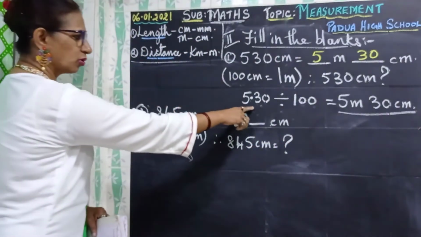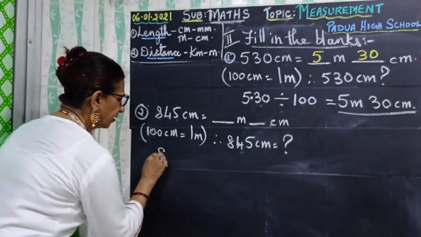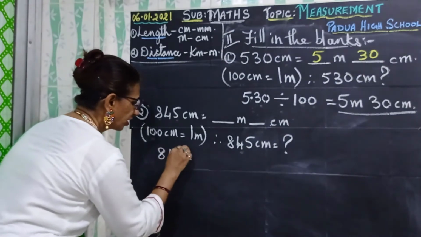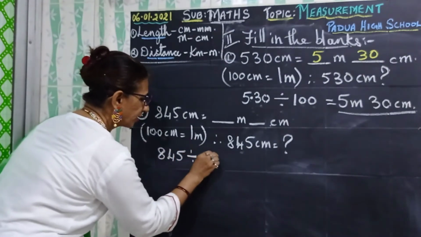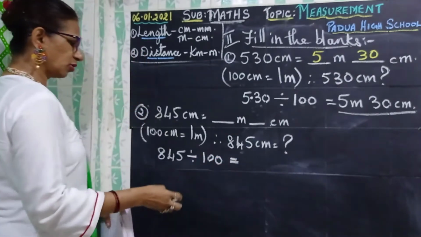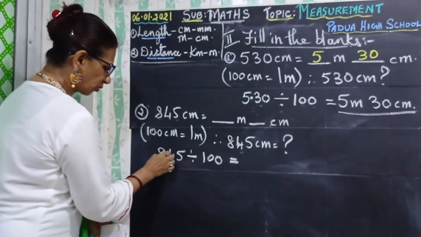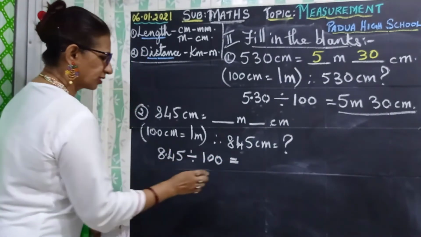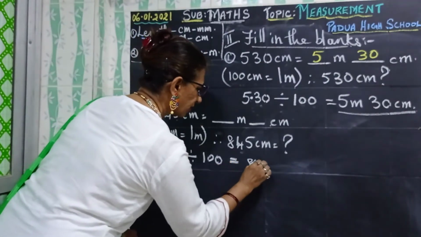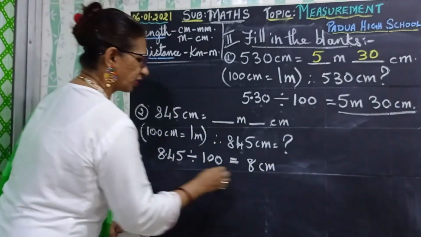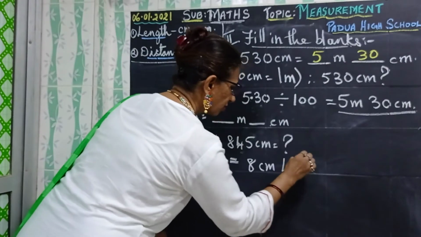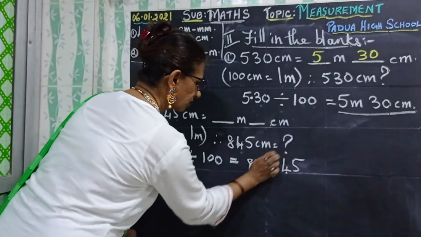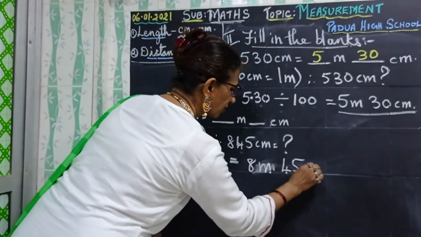What you do? Again, you just write 845 divide by 100, that's equal to, so 1 2 1 2, so इधर एक point आएगा, that's equal to 8 meters and 45 centimeters.